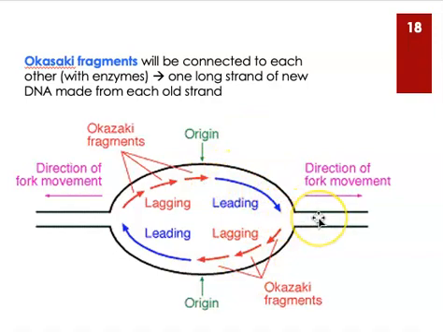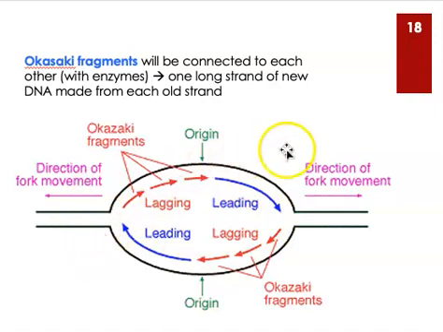This way on this strand, and this way on this strand. Now that's great. We will get leading strand synthesis going on. But what about these other two areas? This area over here and this area over here. The enzyme can't jump on here and go this way and make a continuous strand while this replication bubble is opening up over here.